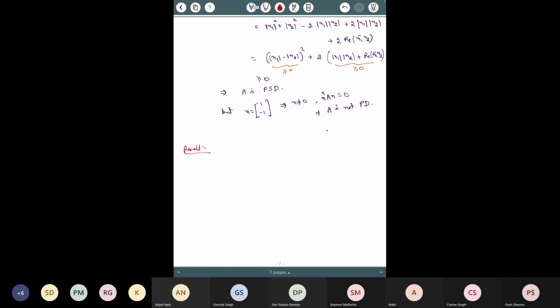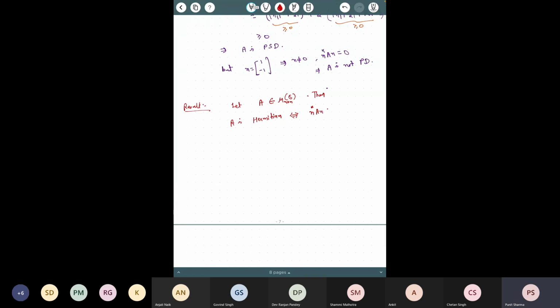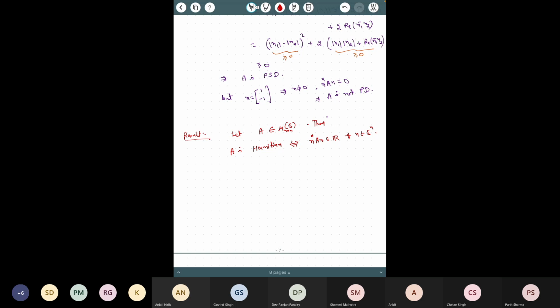If you have a matrix A, let's say an n cross n matrix, then A is Hermitian if and only if x star Ax is real for all x in Cn.